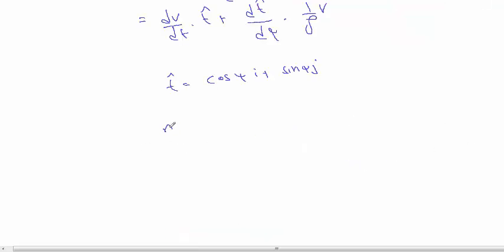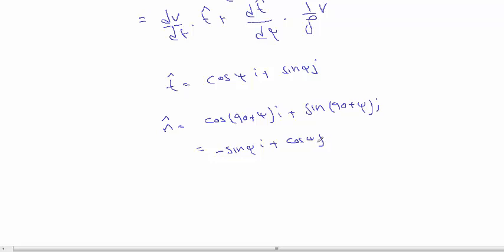So the unit vector can be written as cos of 90 plus psi i plus sine of 90 plus psi j. With trigonometric expansion, when we open this, it will become minus sine of psi i plus cos of psi j. Now dt by d psi is equal to minus sine psi i plus cos of psi j, which is equal to unit vector n.